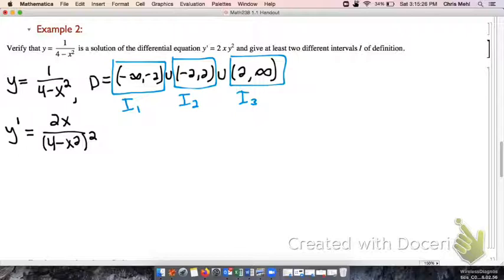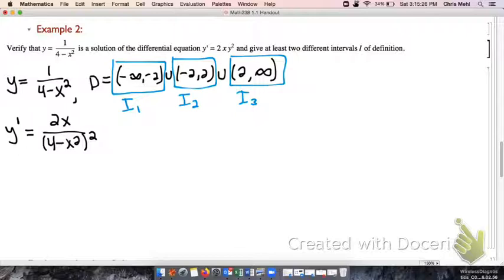These are the x intervals. And the dependent variable and its derivatives need to be continuous on whatever interval you choose. The discontinuity is at negative 2 and 2, so any interval that does not contain negative 2 or 2 will be an acceptable interval of solution, unless you have what are called boundary conditions or initial conditions that force you to be within one of these intervals.